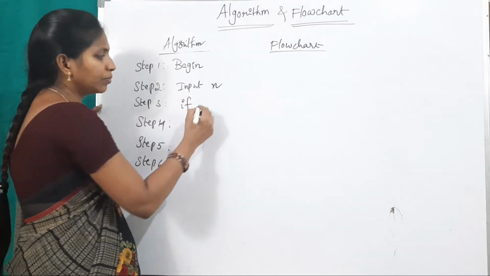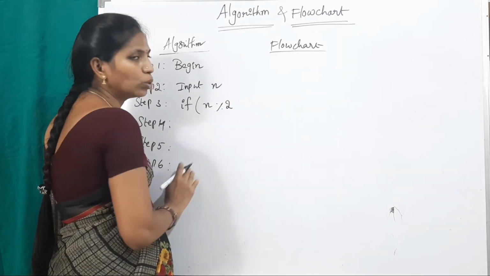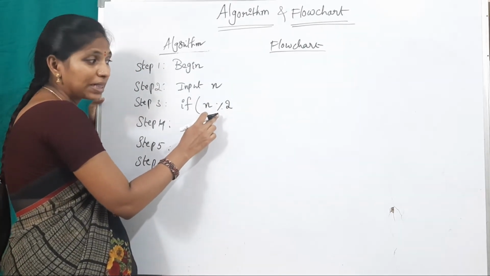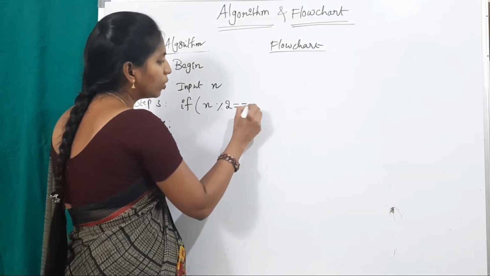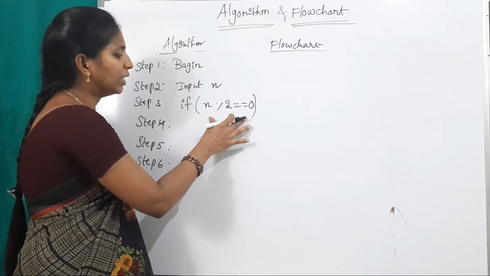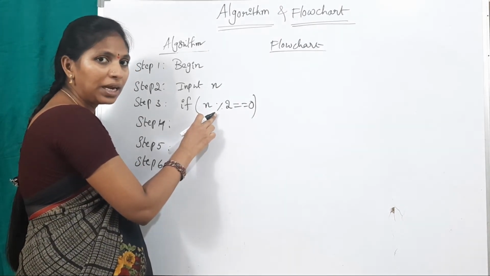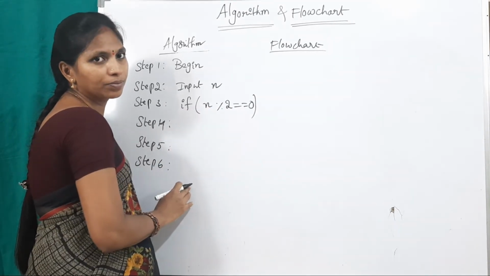If n modulo 2, here n modulo, this is not a percent symbol, this is a modulo. N modulo 2 equal to 0. Very important here: modulo means it will give the remainder after dividing n by 2.